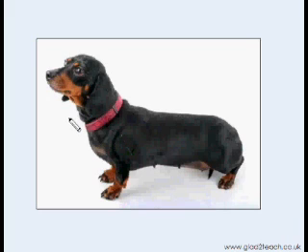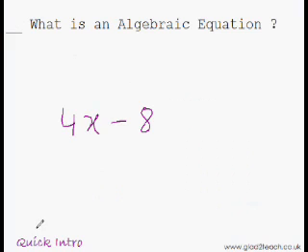To make it into an algebraic equation, we just have to add its tail, so now it is the algebraic equation. See, this is an algebraic expression, and when you put its tail, it becomes an algebraic equation. I hope it's very clear now, the difference between the algebraic expression and the algebraic equation.